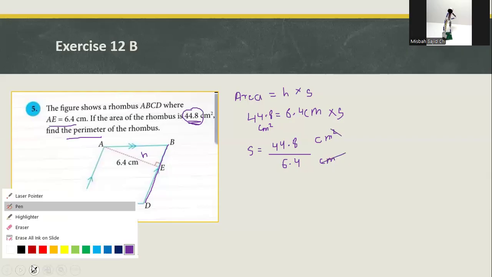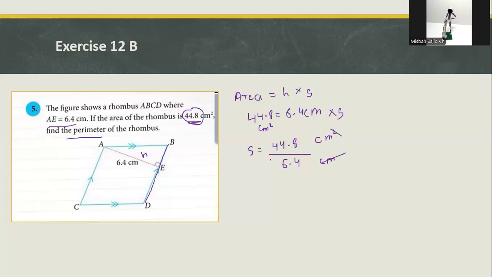Now, if you see one thing, we have one digit after the decimal point in both numerator and denominator. Just simply cancel out the decimal, and S is equal to 448 divided by 64.